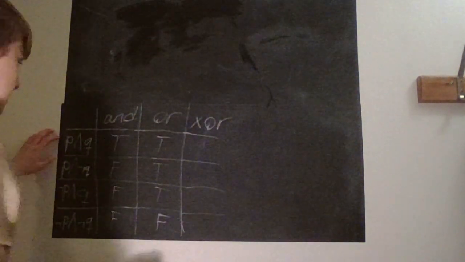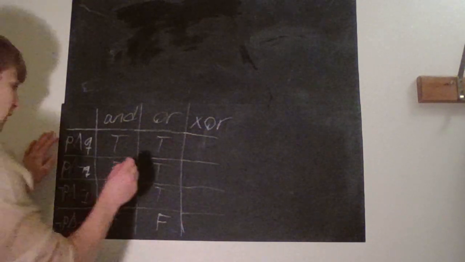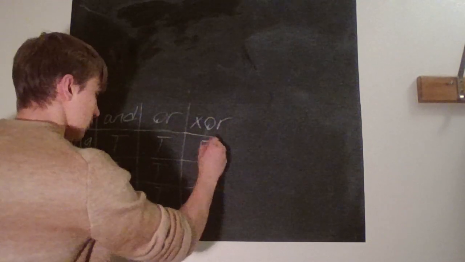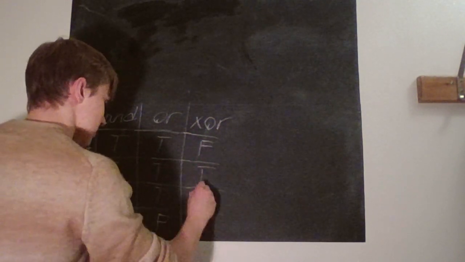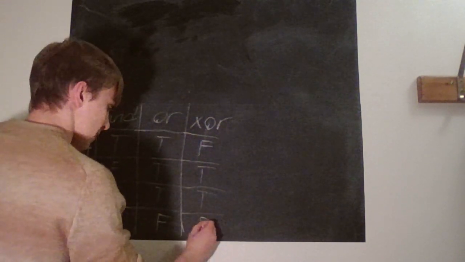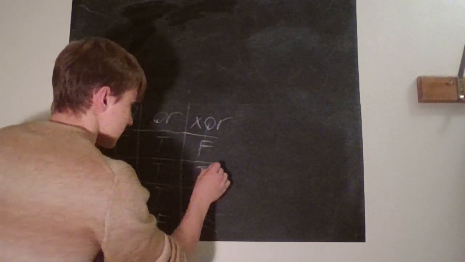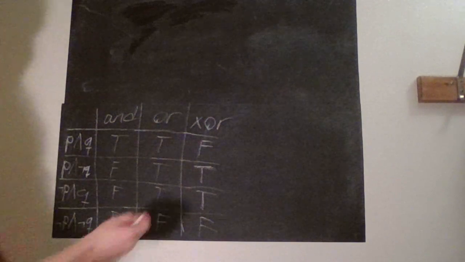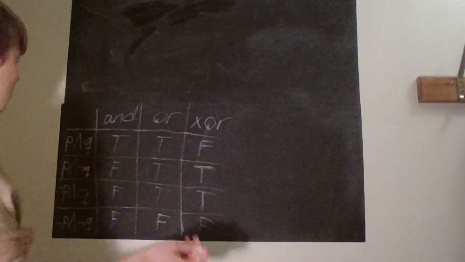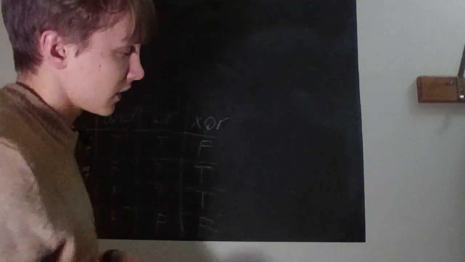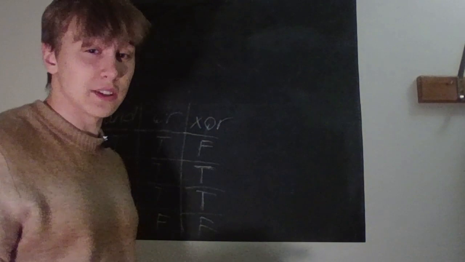Now we would want this to be false when both are true and only true when one of them is true, but not both. And how do we figure out the function for this? Let's recall what we had before. For AND, we just had p times q. But for OR, it was a bit more complicated. It was p plus q minus p times q.